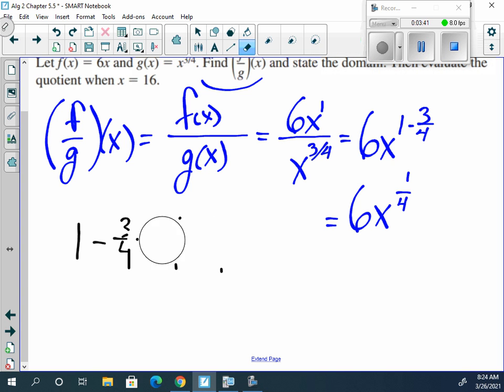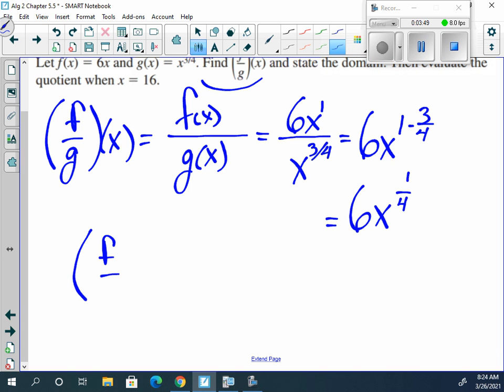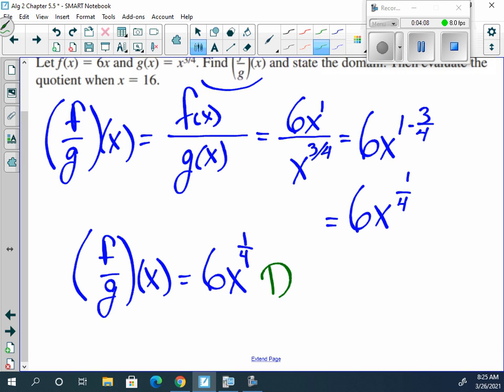Yes. So for us here, f divided by g of x is 6 times x to the 1/4. Okay. Now we need to look at the domain of this function. So it's going to be what?